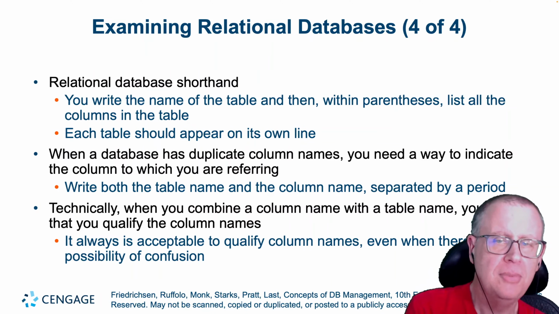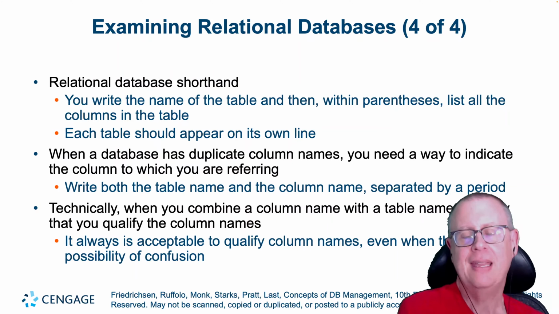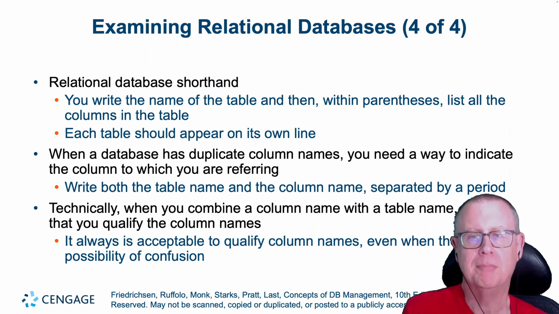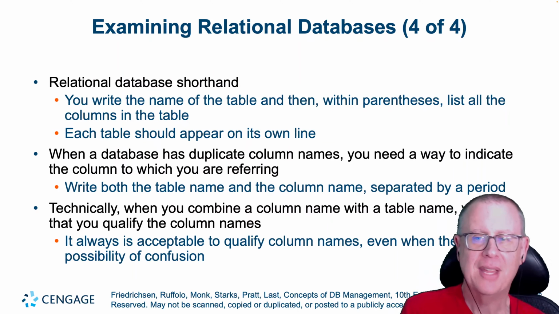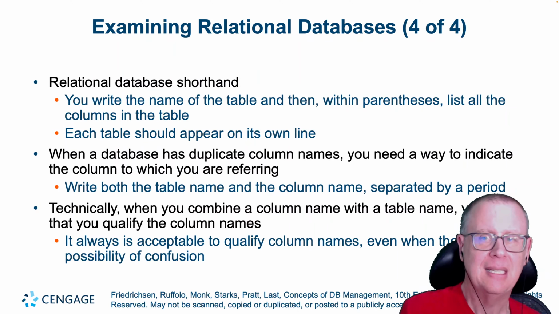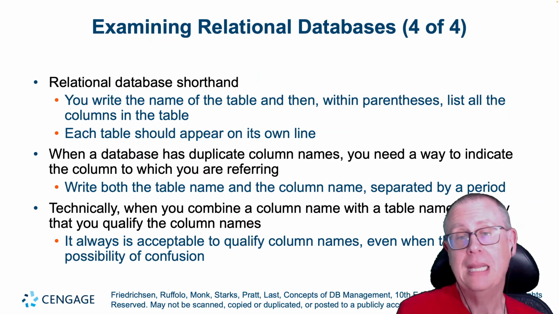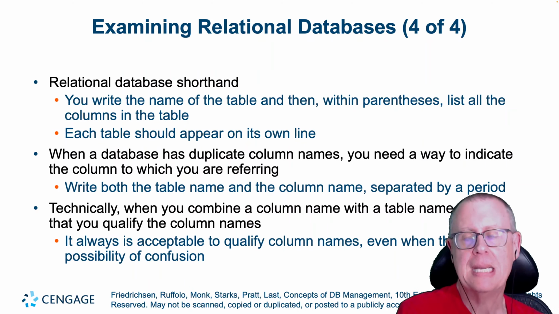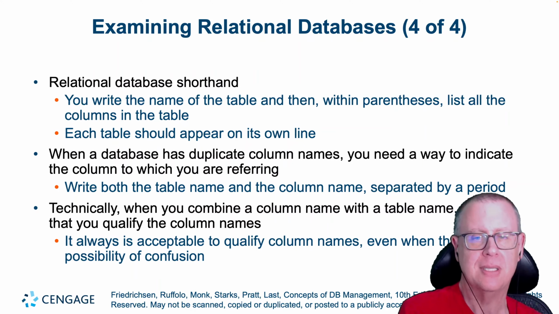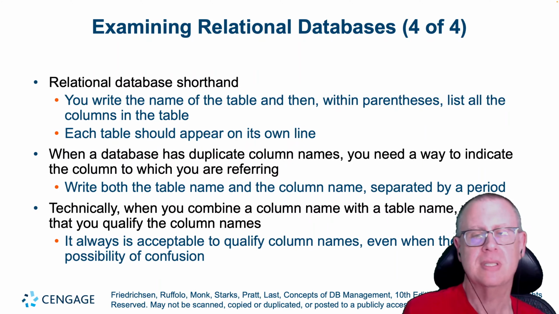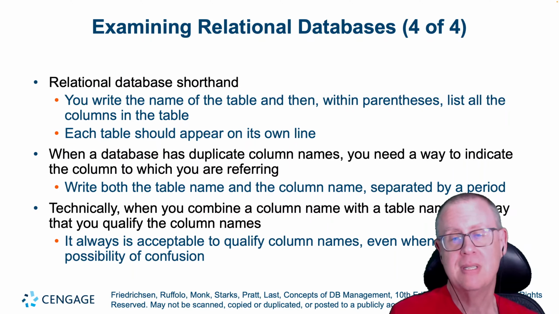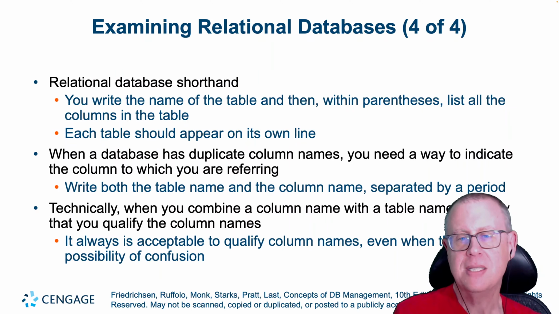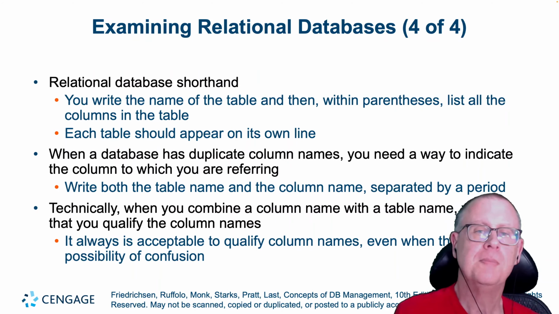So sometimes you may end up having duplicate column names, and if that's the case, for example, maybe customer has a field ID, and maybe project has a field ID. We didn't use customer ID and project ID. So both of those entities, both of those tables have a column called ID.